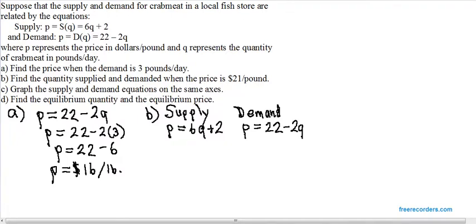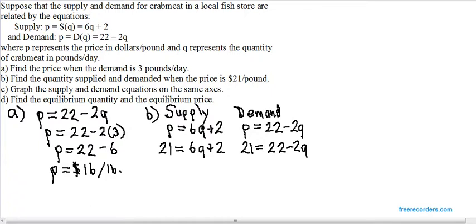It says find the quantity, meaning find Q, when P, the price, is 21. So we plug in 21 for price in both equations because it asks us to find not just the quantity supplied, but also the quantity demanded.